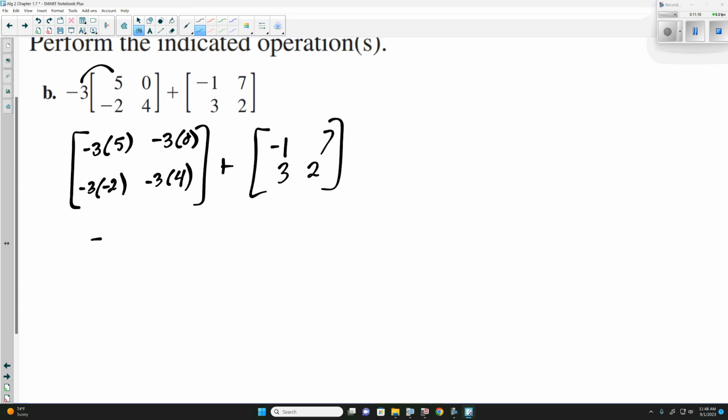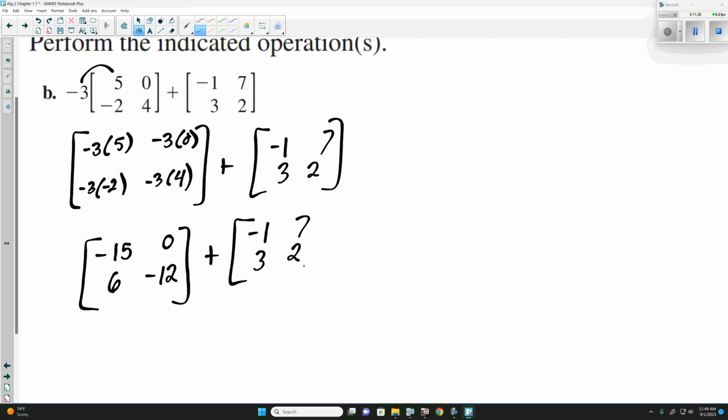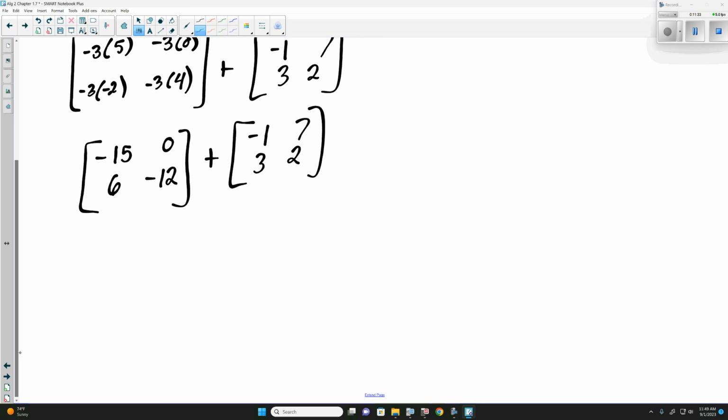So we multiply through with this -3. -3 times 5 is -15. -3 times 0 is, well, 0. -3 times -2 is 6. And lastly, -3 times 4 is -12. Questions on how we got to this point here?